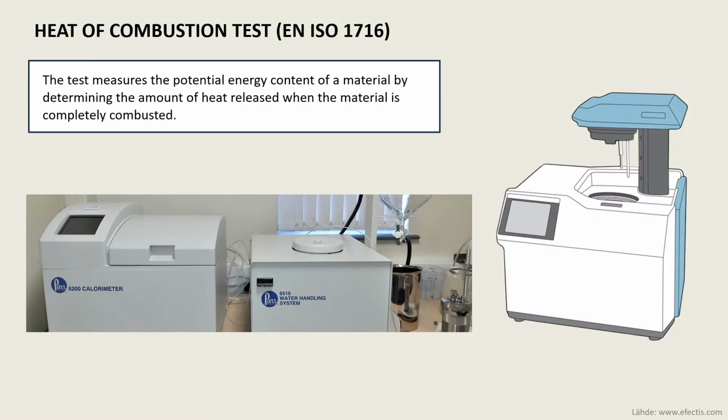The specimen is combusted completely in an oxygen atmosphere inside a high-pressure calorimetric bomb, heating up the water surrounding the bomb. The calorimeter measures the temperature rise of the water and calculates the gross heat of combustion, also known as PCS.